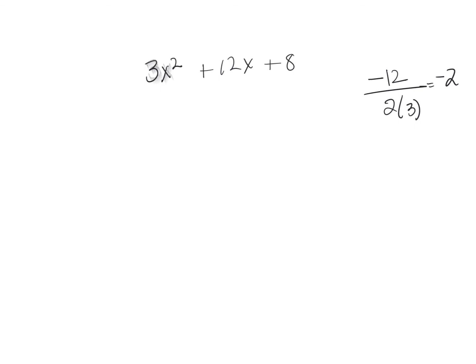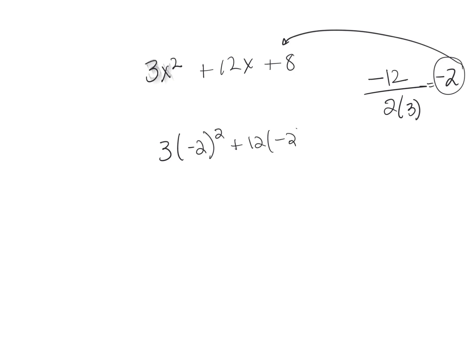And then I can figure out h pretty easy by plugging the negative 2 back into here. 3 times negative 2 squared plus 12 times negative 2 plus 8. So this is 3 times 4 plus negative 24 plus 8. So 12 plus negative 24 plus 8, which is negative 4, right?